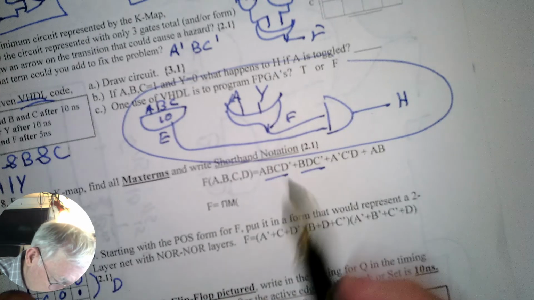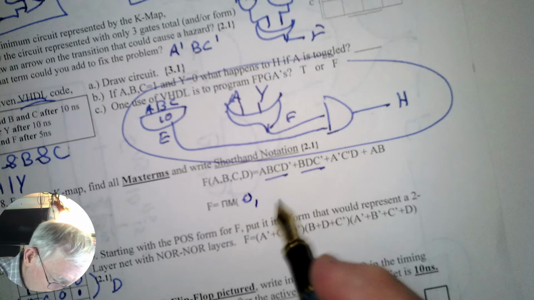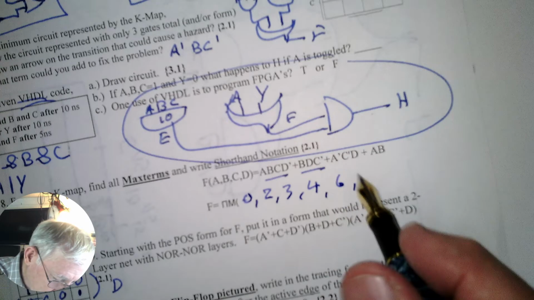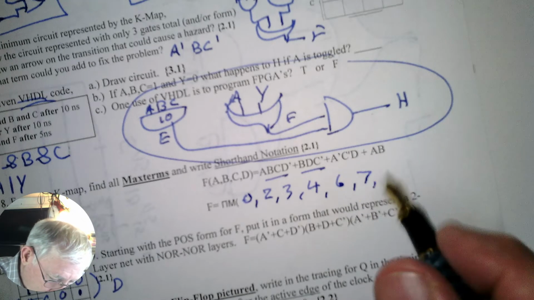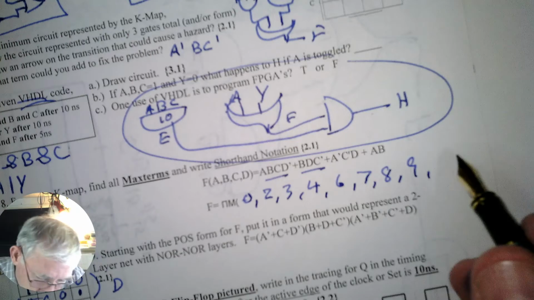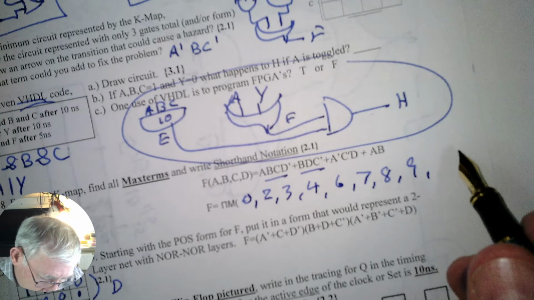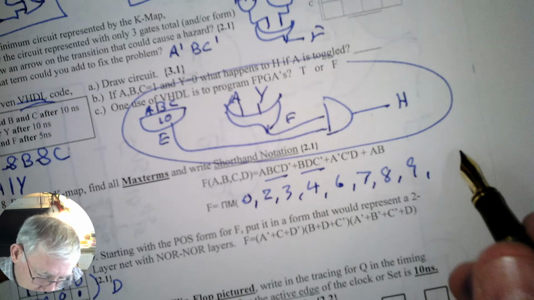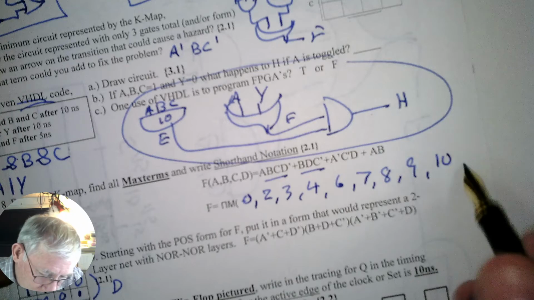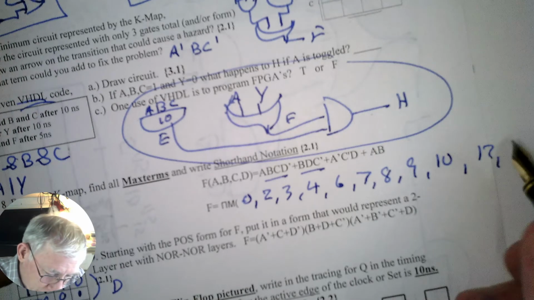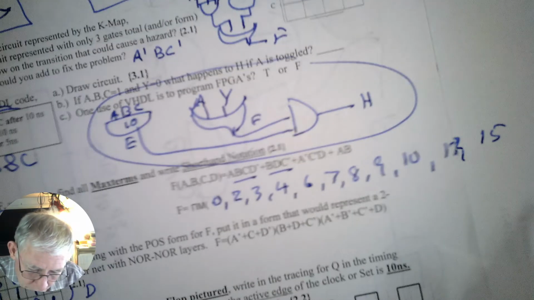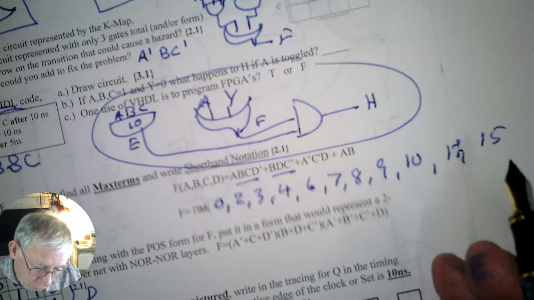So the zeros would be 0, not 1, 2, 3, 4, not 5, 6, 7, 8, 9, guess that was a 1, 8, 9, 10, not 11, 12, not 13, not 14, 15. Okay, 12, 15.